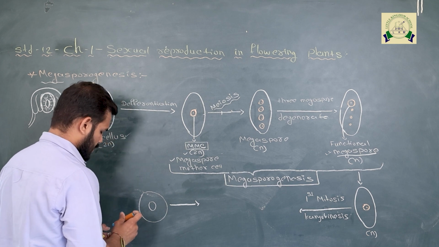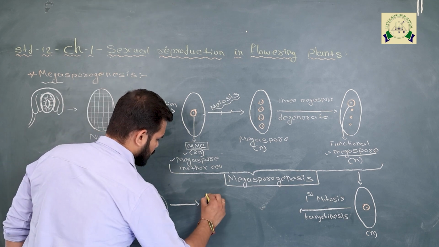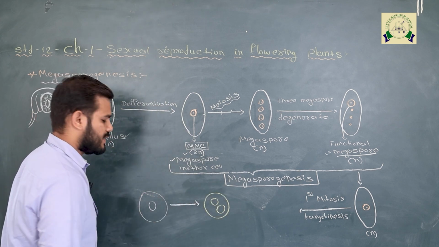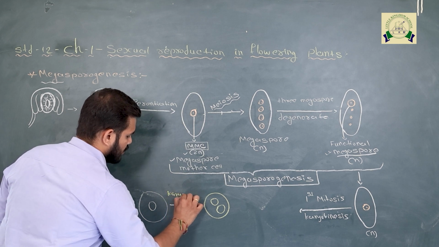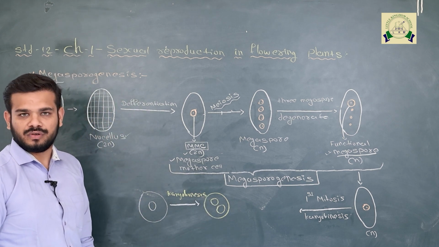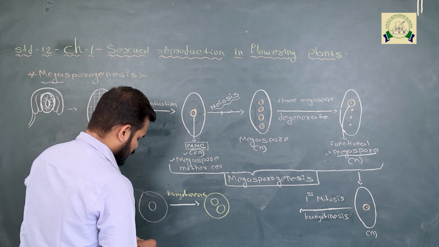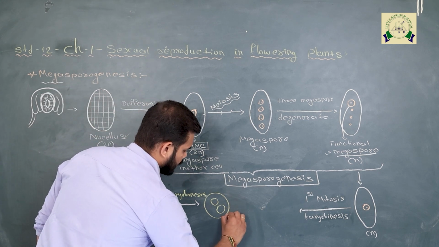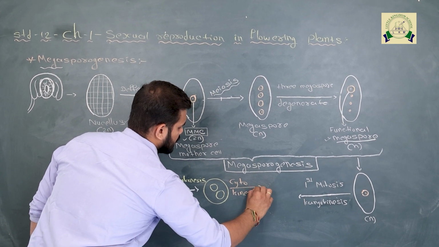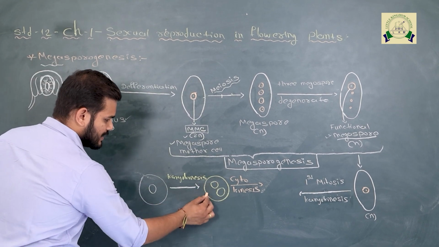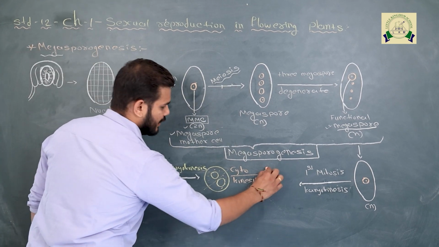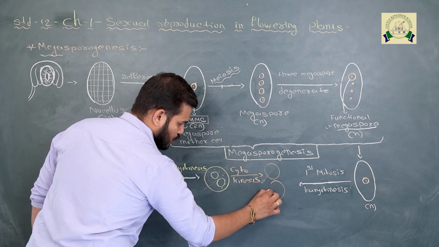If this cell undergoes karyokinesis, that means only the nucleus of the cell is going to divide. And if I say cytokinesis, that means the cytoplasm present in this cell is going to divide equally into 2 daughter cells. That means now we have 2 daughter cells.